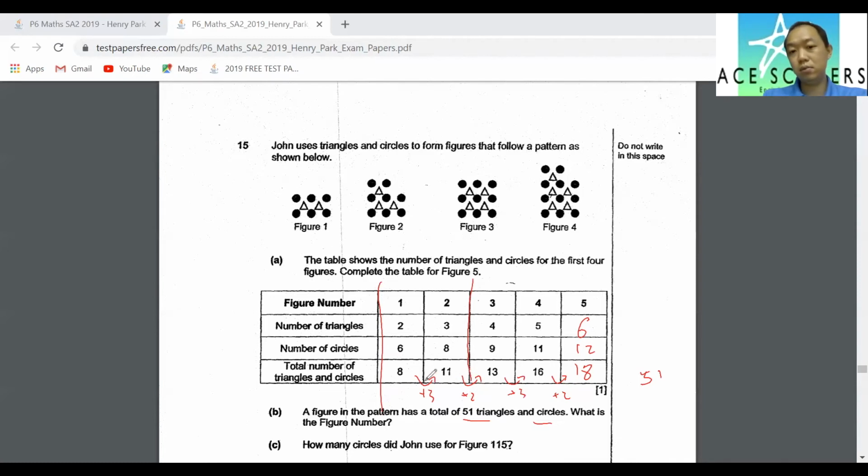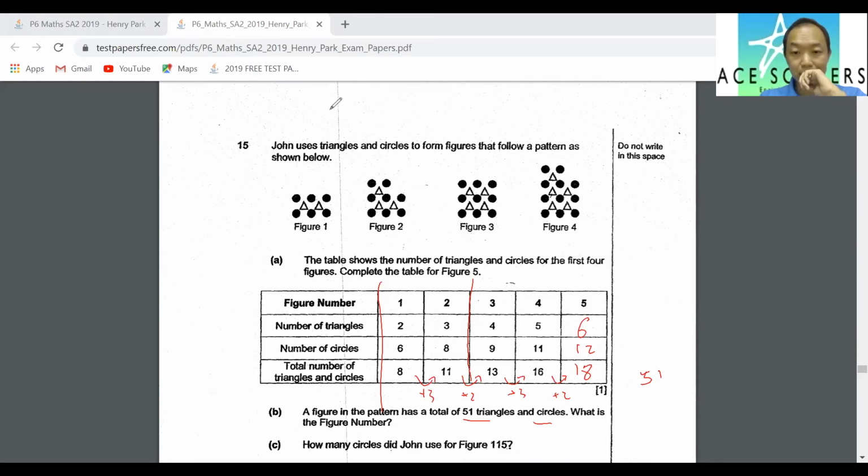So one group from 1 to 3 must plus 5. 3 to 5 must plus 5. Starts from 3. So 51 minus 3 equals 48. Not helpful.